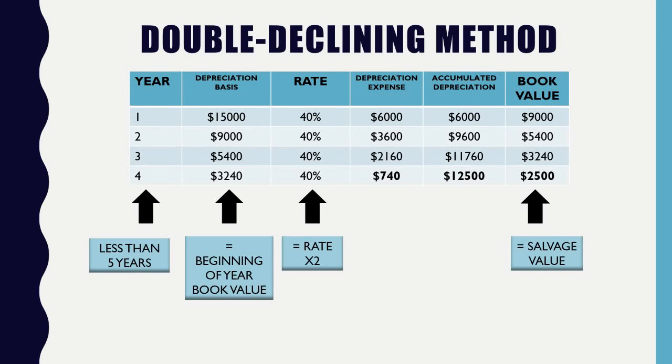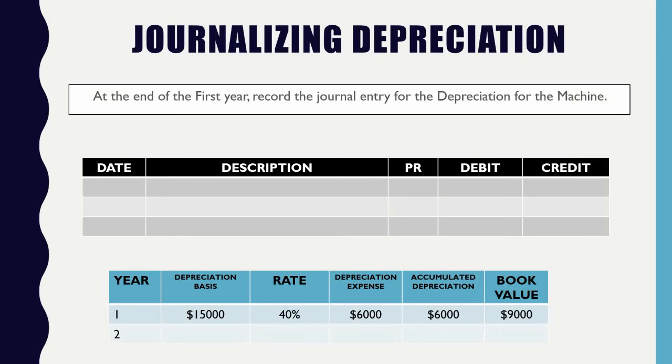I have none yet. Okay. All right. So let's go ahead and journalize for the first year of depreciation. So again, what accounts am I going to be looking at?